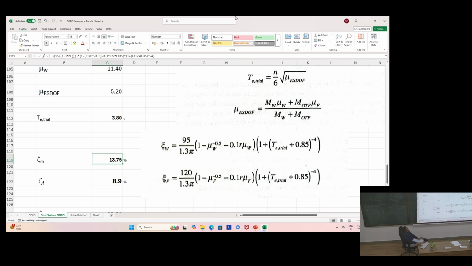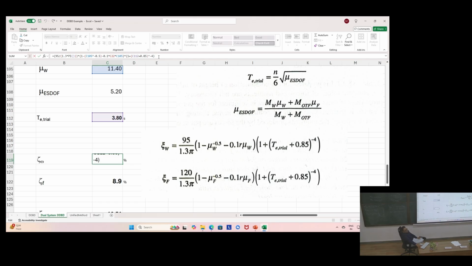So here's the formula if you're looking at how to input it: 95 over 1.3 pi, in one bracket, and then 1 minus mu raised to the power negative 0.5, minus 0.1 times C22, which is essentially our R, 0.1, times C105, which is our mu W, times, again, bracket 1 plus bracket T trial plus 0.85 raised to the power minus 4.